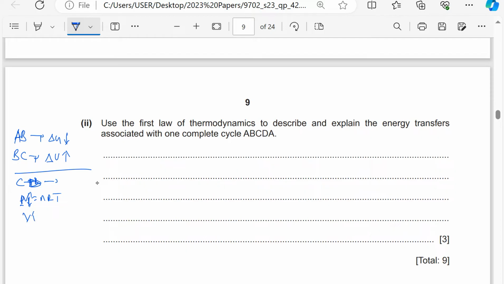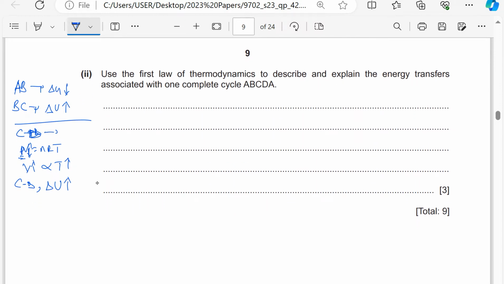So volume is directly proportional to temperature, temperature is increasing if the pressure does not change. Since temperature increases, the change in internal energy also increases because internal energy is directly proportional to temperature. So the internal energy increases.